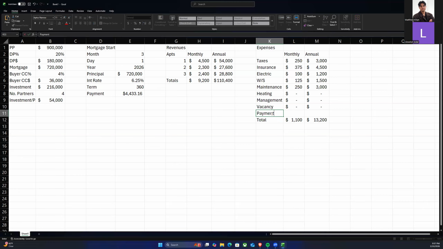Okay, so we're going to relabel the top of this chart. Let's get rid of payment for a moment. So these are what we call operating expenses, right? Now, the question is, what is the difference between an operating expense and a non-operating expense?